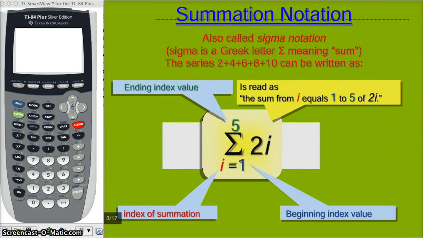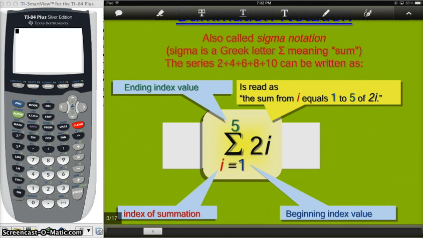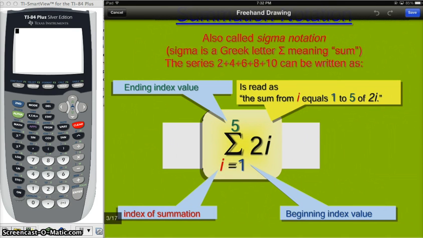Now, when you talk about a series, you use summation, the Greek letter sigma for summation. You have your index, which is the letter underneath. And then you have where you start. So on the bottom, this is your start, and on top, that's your end.